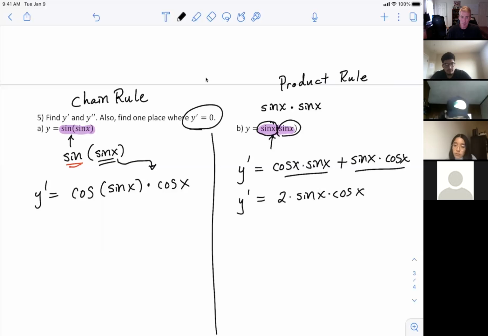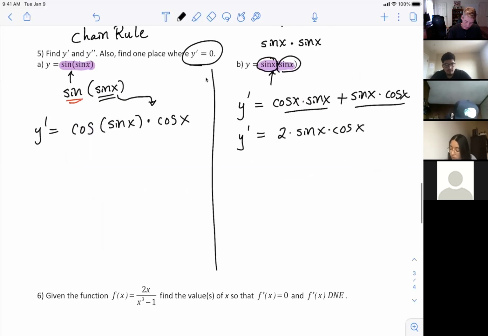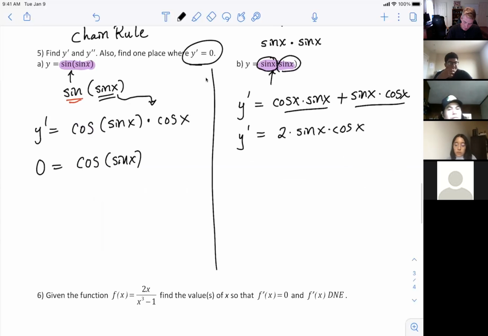Next, find one place where the derivative equals 0. Well, because this one on part A has been factored, you could just separate it out and say, when does the first factor equal 0? Or when does the second factor equal 0?